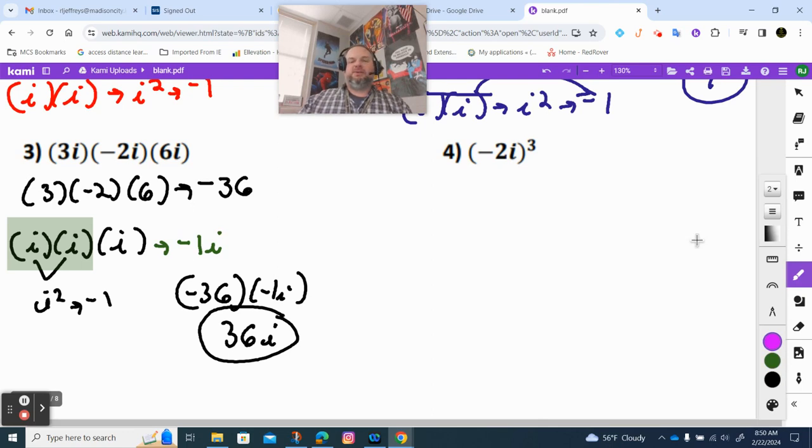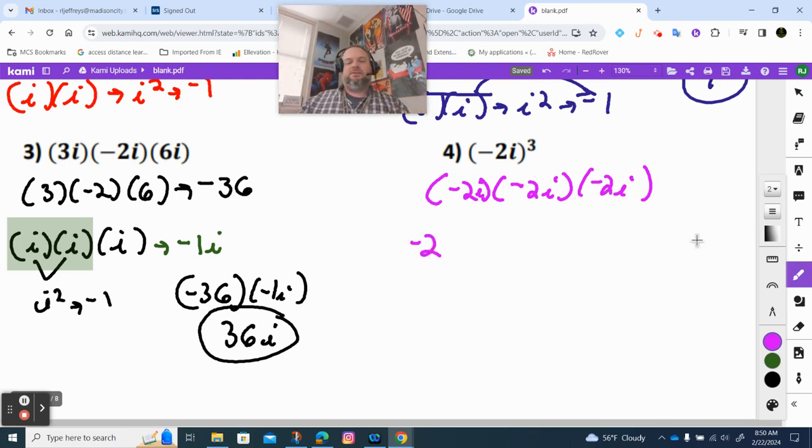Couple ways you could do this one. Some people will need to write this out like this. Some people will know their power rules and say, well, this is negative 2 to the 1 times 3. This is i to the 1 times 3.